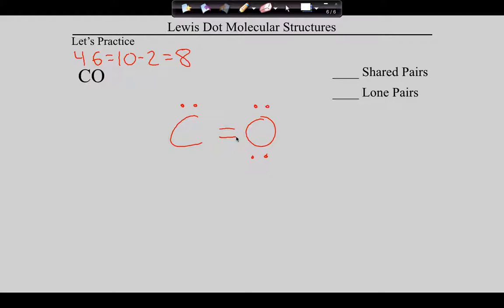Now is the oxygen happy? The oxygen. Take a look. Does oxygen have 8? It does. But what about the carbon? No, the carbon's only got 6. So now we need to give the carbon more electrons. So now we'll pull 2 off of the oxygen, move that into the middle, and now we've got this dude, which is carbon monoxide, and that's actually triple bonded.